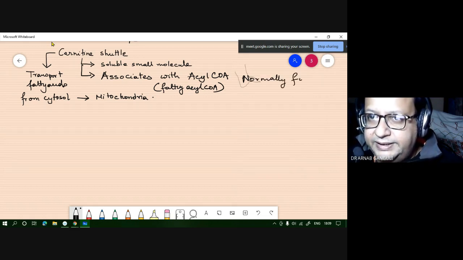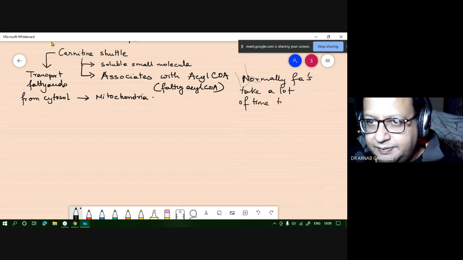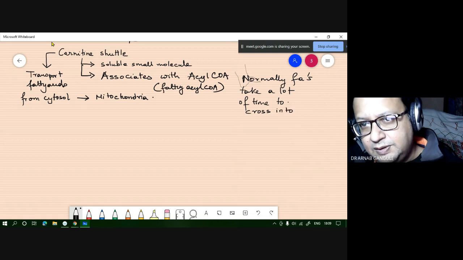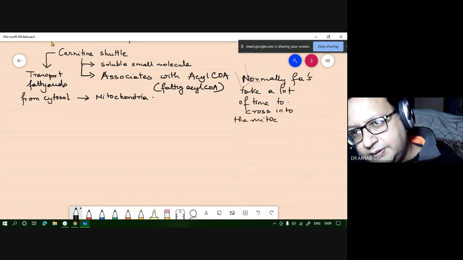Normally fatty acids take a lot of time to cross into the mitochondrial matrix.